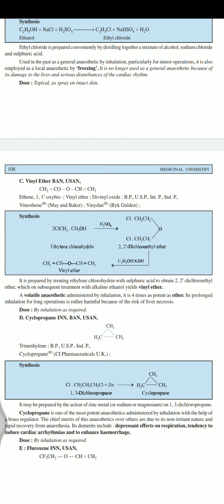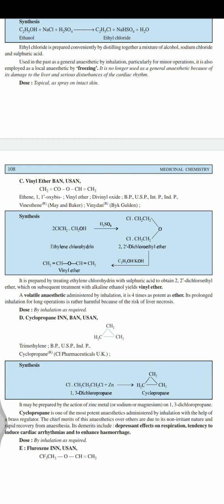It is used versatilely and it is much more potent than ether, and has a longer duration of action, but it has a serious risk of liver necrosis, which must be taken into account. It is 4 times as potent as ether.